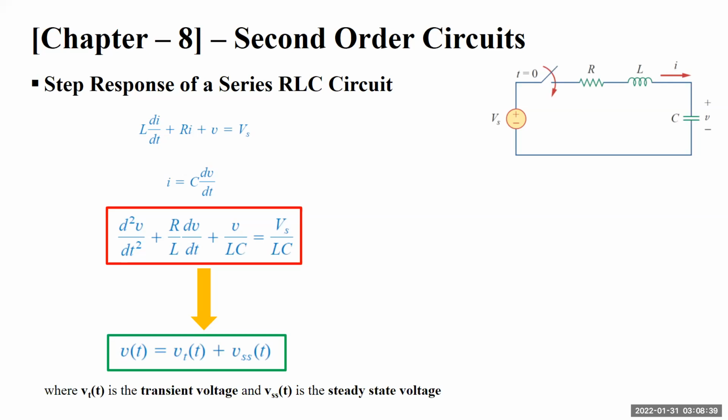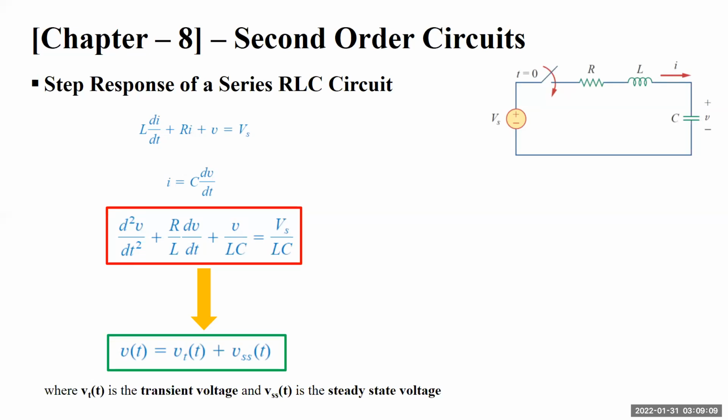In our previous lectures, we have seen how we solve a series RLC circuit and a parallel RLC circuit without a source. Basically, what is happening here is that we have a second order circuit which comprises a resistor, an inductor and a capacitor. There may be some charge stored in the capacitor, and some magnetization in the inductor.